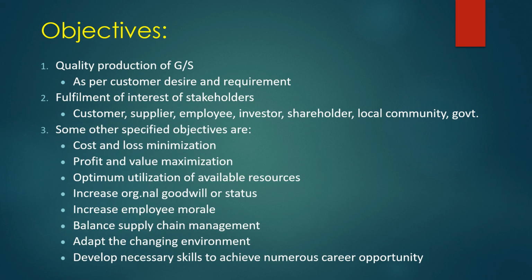Other specified objectives of operations management are cost and loss minimization, profit and value maximization, optimum utilization of available resources, increasing organizational goodwill or status, increasing employee morale, balancing supply chain management, adapting to changing environment, and developing necessary skills in order to achieve numerous career opportunities for an individual.